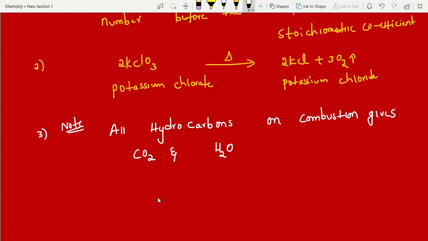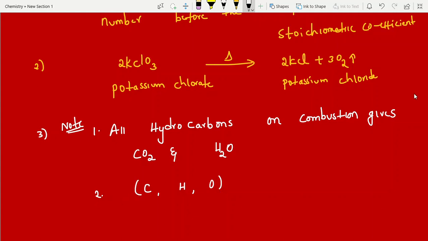But how can you show the difference in the reaction? We have to balance the carbons, right? Second point, we have to balance in a systematic way. First you balance carbon, then hydrogens, then oxygens. Then your answer will be perfect. So now let me write.